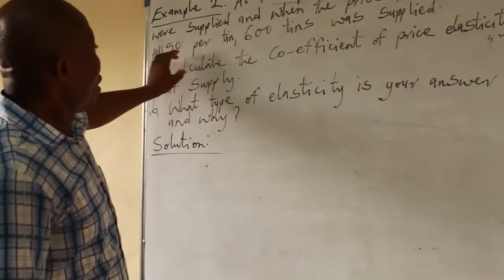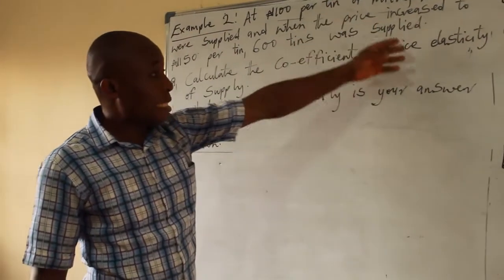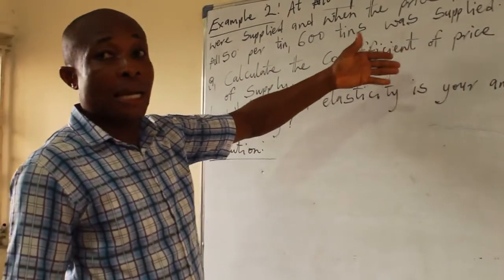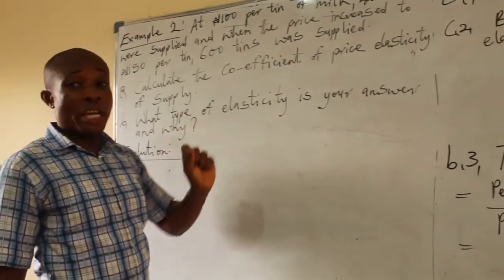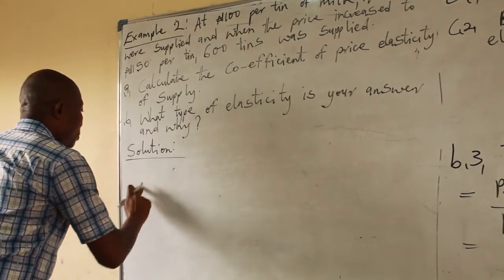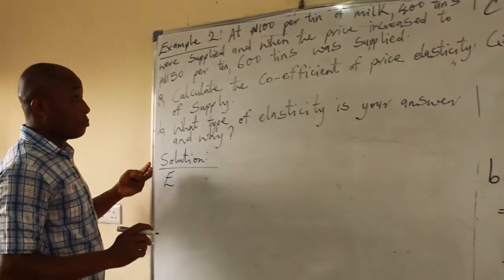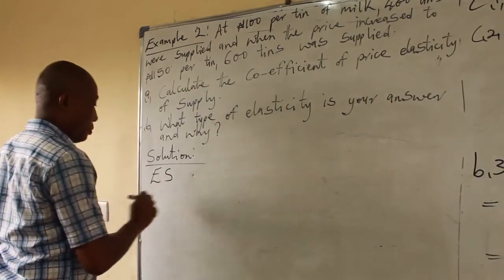First, for us to determine the coefficient of price elasticity of supply, which we already know the formula as the percentage change in supply divided by the percentage change in price. Let me take my coefficient of price elasticity of supply as ES.